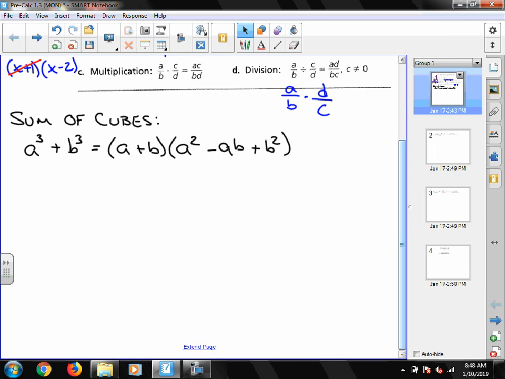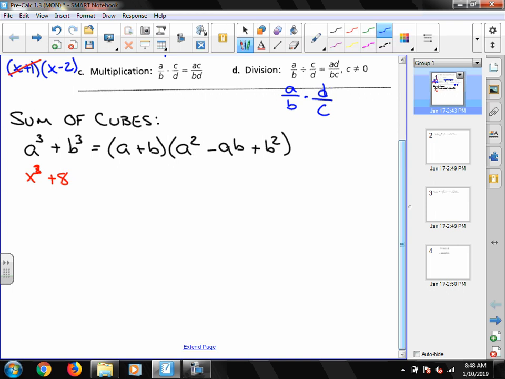So figure out what is getting cubed. So for instance, x cubed plus 8, x is what's getting cubed, and 8 is 2 cubed, so your a would be x, your b would be 2.